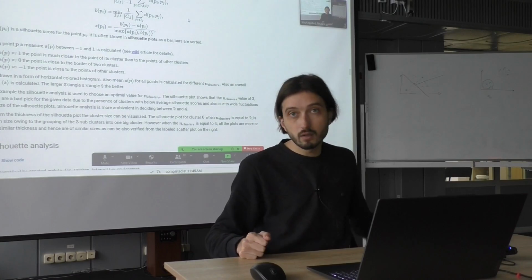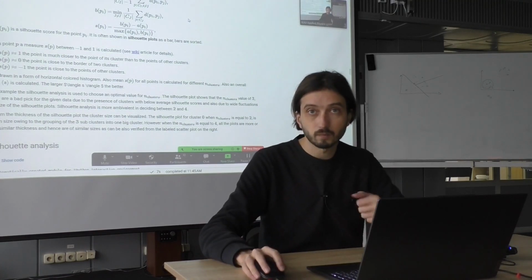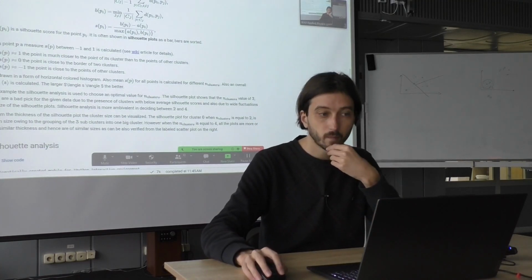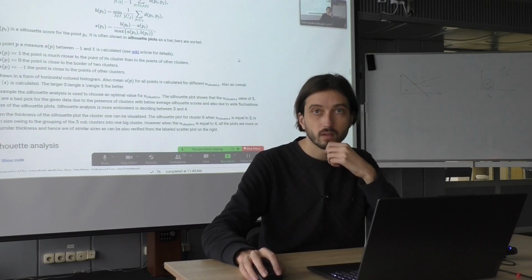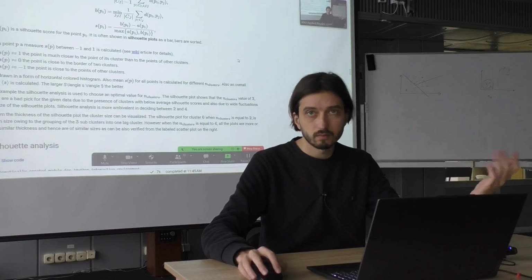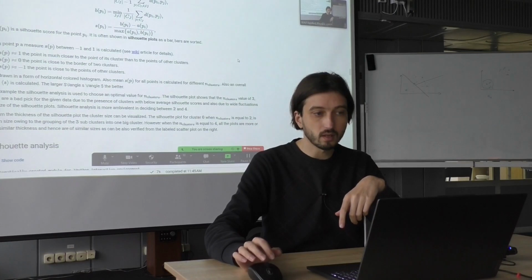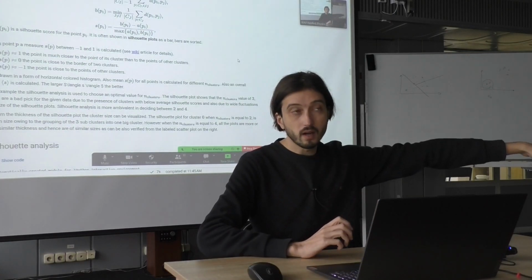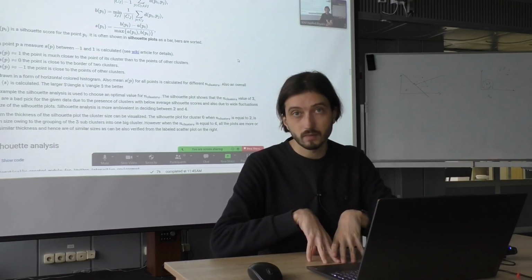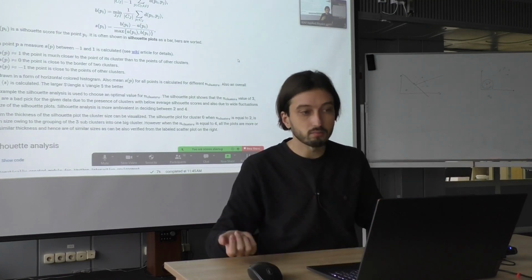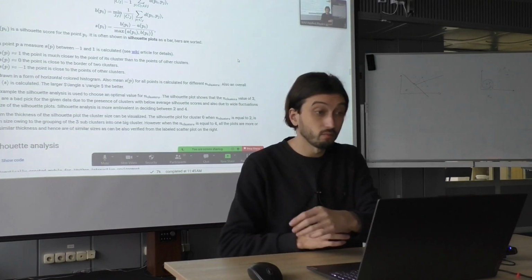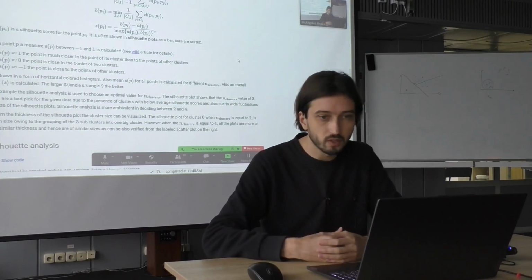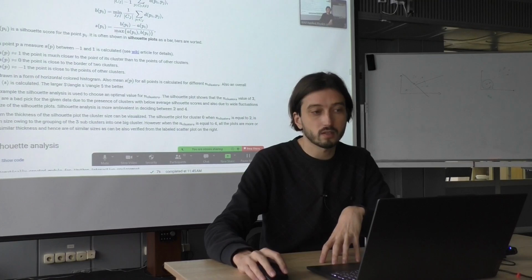So if we are close to 1, it means the point is much further away from all the rest of the clusters than from its own cluster. So this point is nicely classified, because it belongs to its own cluster.